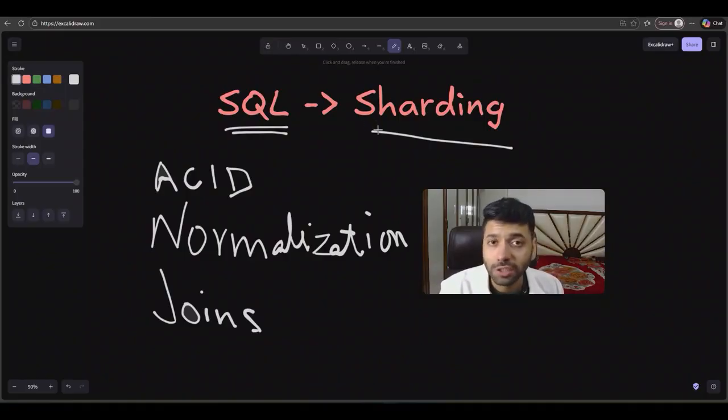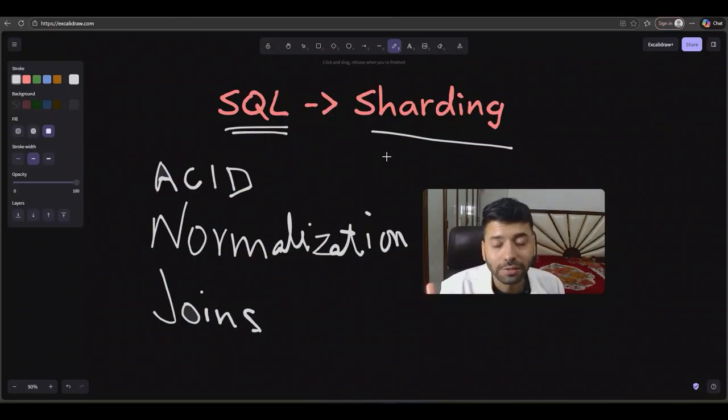Sharding acts like horizontal scaling. The point is, in SQL horizontal scaling or sharding is a bit complicated or difficult to do. You have to manage it. It's complex. Let's understand why it is difficult in SQL.